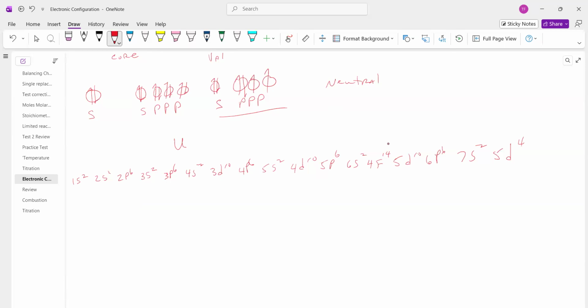Okay, so let's look at valence electrons. What's the highest shell we're talking about here? Look at the very end. 7. Highest shell is the valence electron.